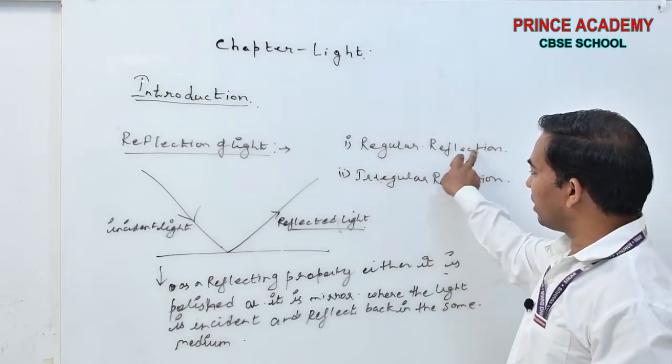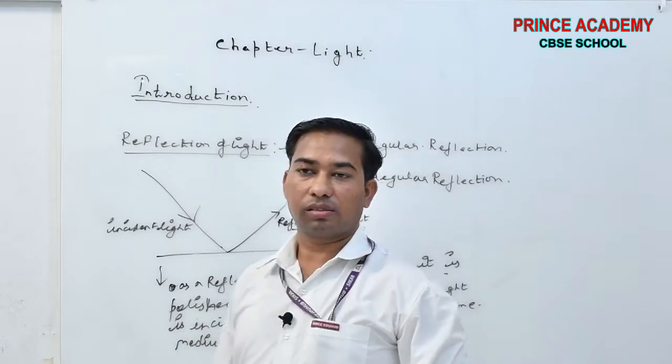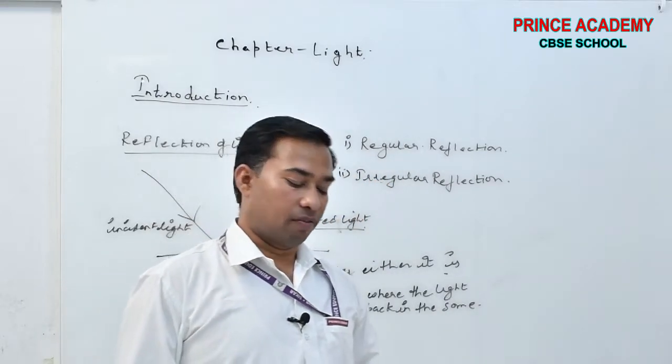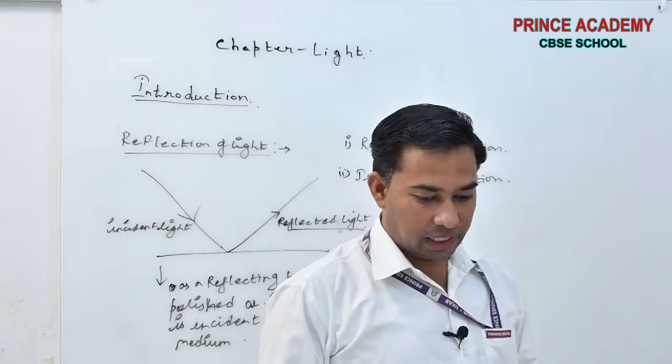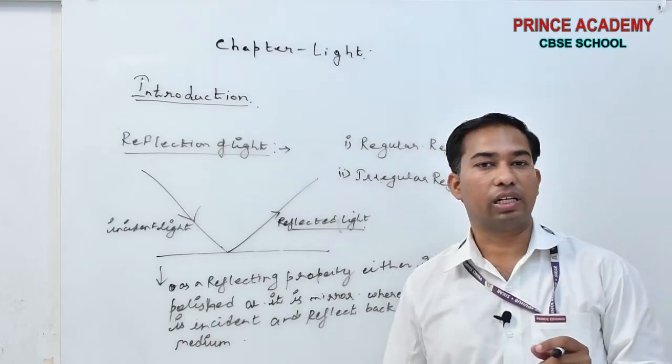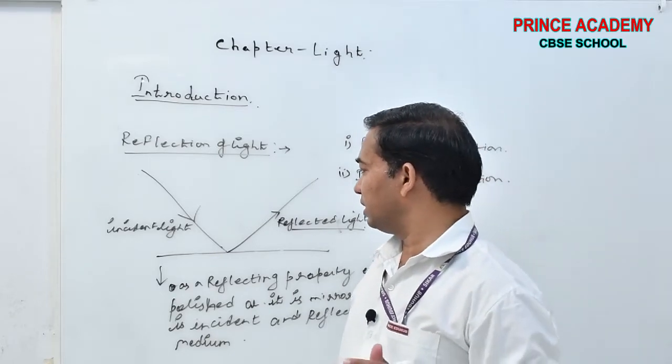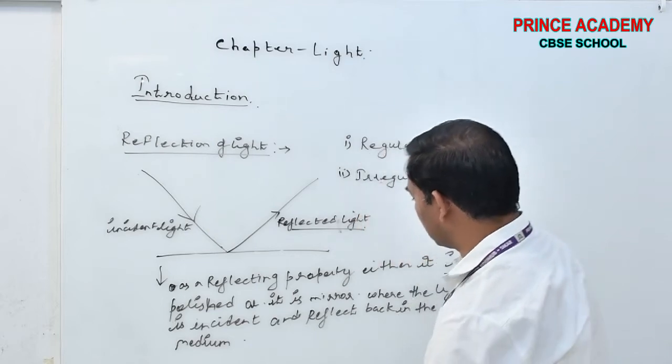Regular or irregular reflection depends on the beam of light coming from the source and incident on a surface.